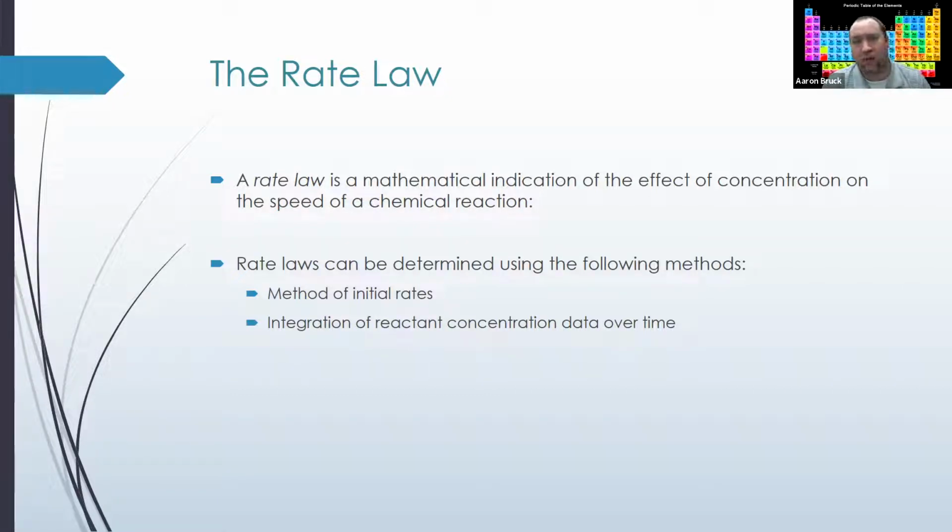Now, there are two primary ways that we can look at these overall rate laws. One is called the method of initial rates, and this is more or less what you're going to be doing in the peroxide lab this week. And then there's the integrated rate law, where we take concentration data over time and we analyze those data.